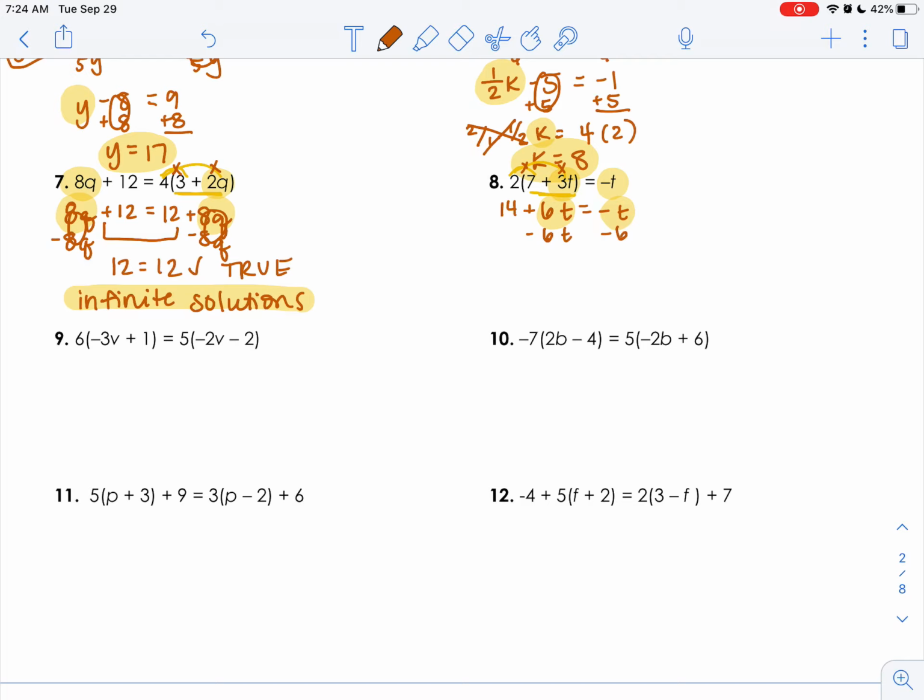So I'm going to subtract 6t from both sides. 6t minus 6t is 0, leaving me with 14 equals -1t minus 6t is -7t. To get the t completely alone, I'm going to divide both sides by a -7. -7 divided by -7 is 1, leaving me with t equals 14 divided by -7 is -2.